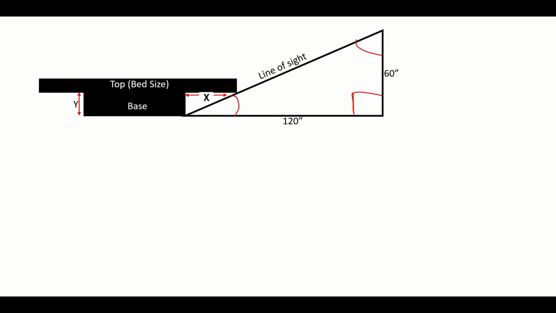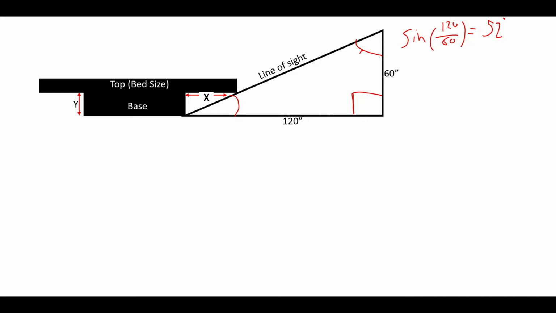So to solve for our top angle right here, I'm going to use sine of opposite, so 120 inches over adjacent, 60 inches, which gives us 52 degrees.